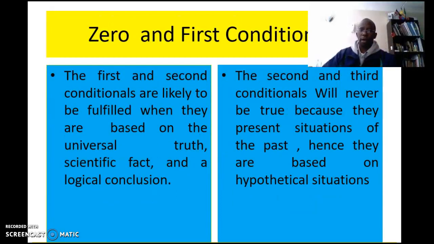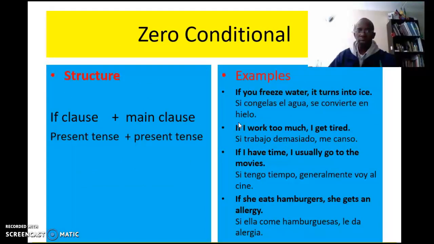Now, by this, it means that we can see the sections for each of the cases. That means the conditionals based on the zero and first conditionals, and then we shall look at the other side, the second and third conditionals.